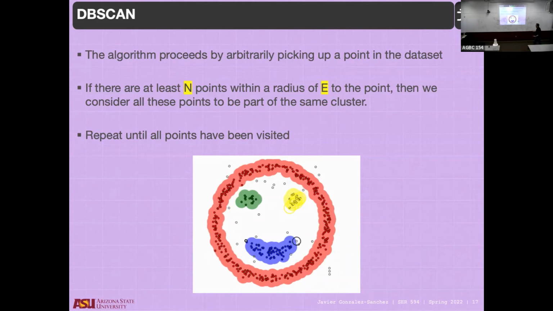Second, I mentioned that you need to find another element. I am here and I just found another element that is close enough to me. And I just said, oh, we are a cluster. Let's define a number n that is how many elements I need to find close to me in order to become a cluster.